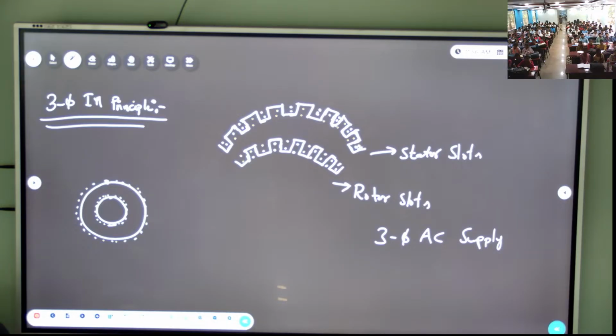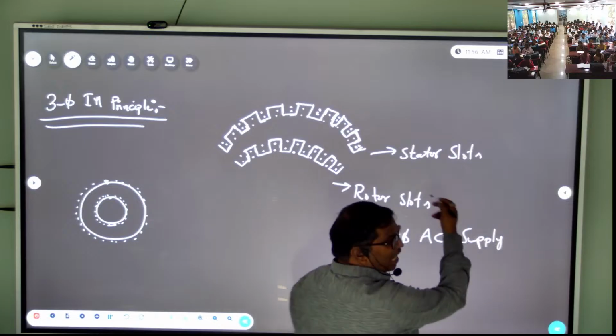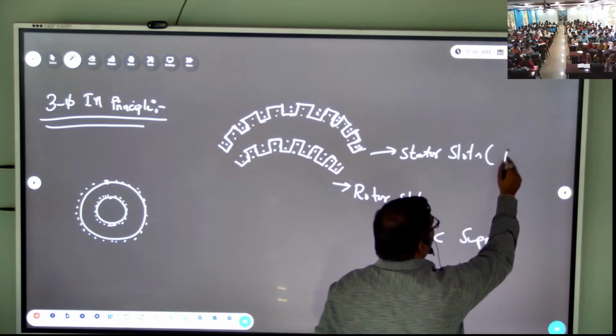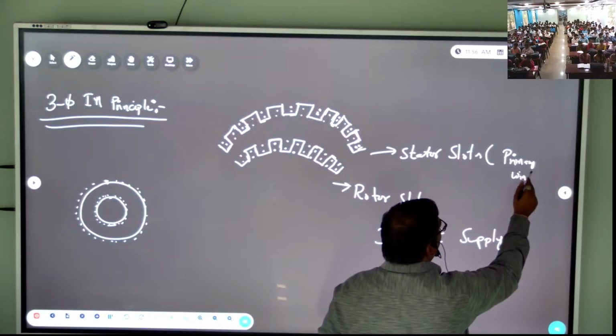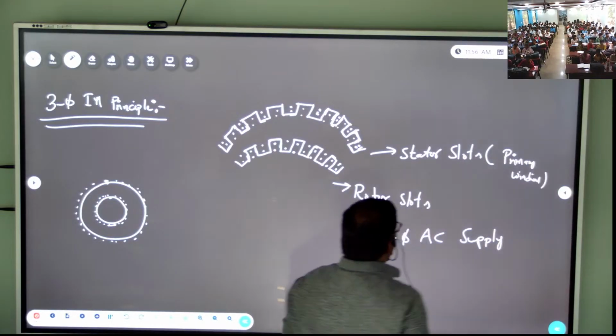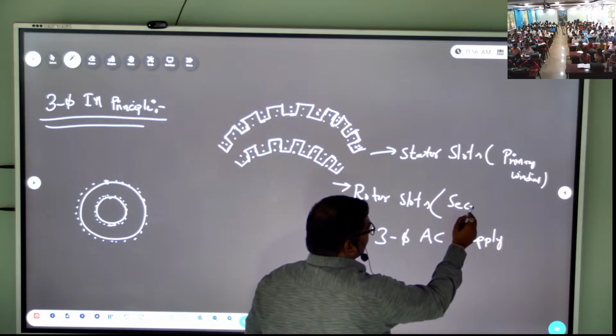But there we have a primary winding and a secondary winding. Here also you can say the stator slots have stator conductors, and you can say it is the primary winding. The rotor also you can say is the secondary winding.